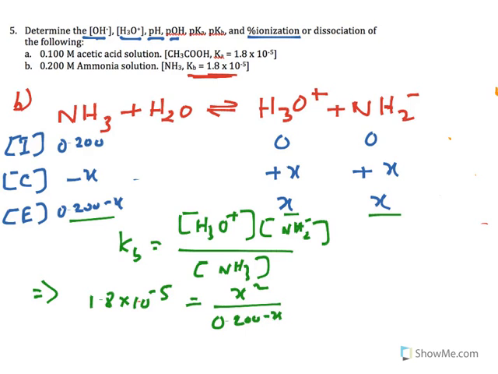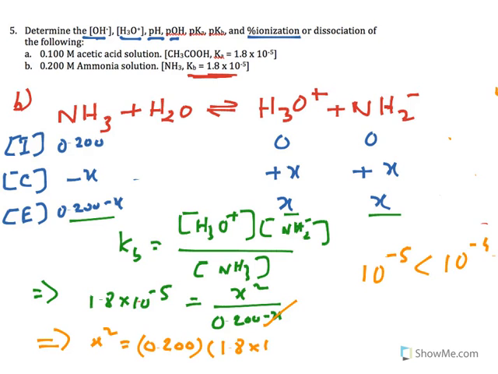And now since we know that 10 to the power of negative 5 is less than that of 10 to the power of negative 4, we can go ahead and use the 5% or 100 rule to eliminate this x. So next we have x squared equal to 0.200 times 1.8 times 10 to the power of negative 5.